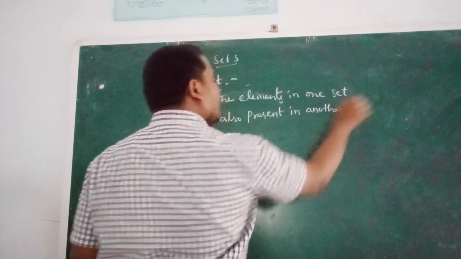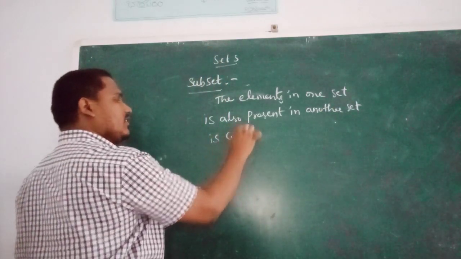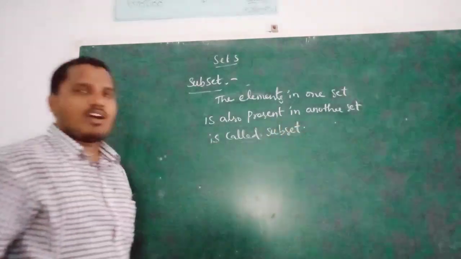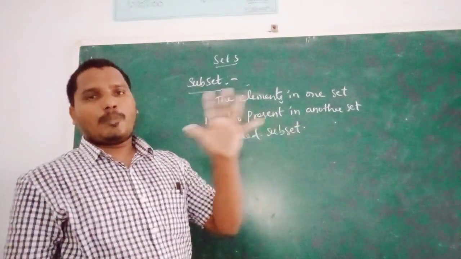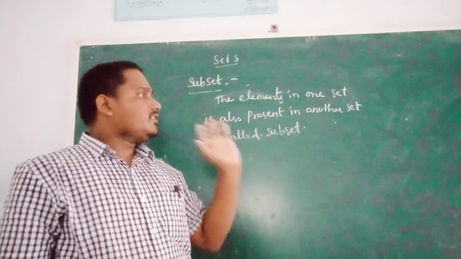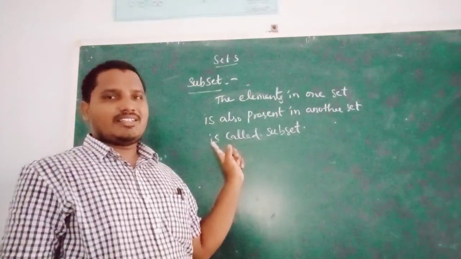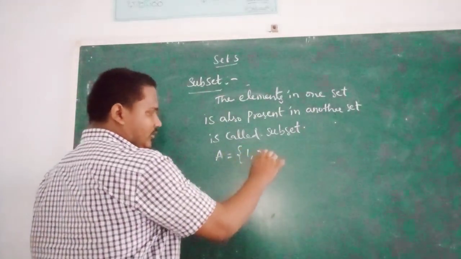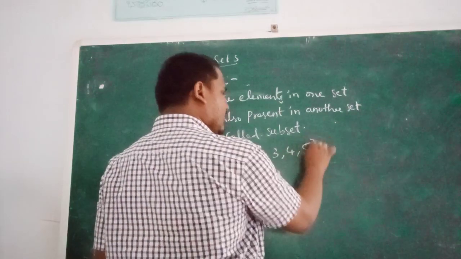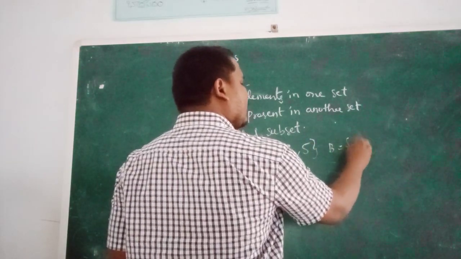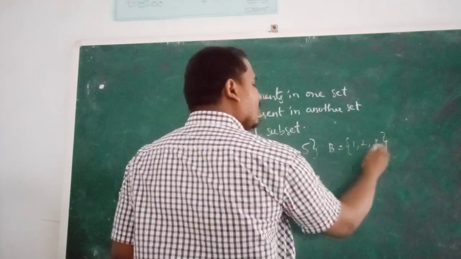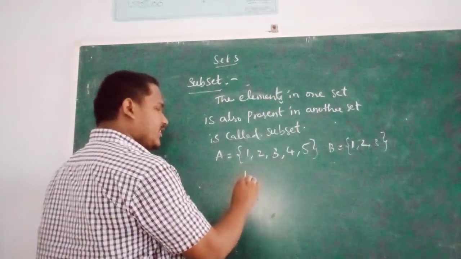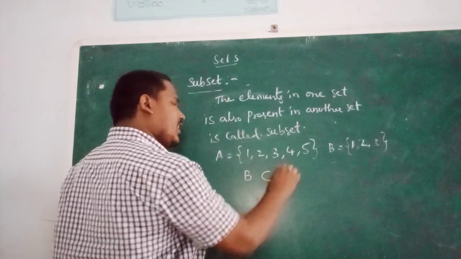If the elements in one set are also present in another set, then that set is called a subset. Suppose A is equal to the set of 1, 2, 3, 4, 5, and B is equal to the set of 1, 2, 3. Therefore, we can write B is a subset of A.